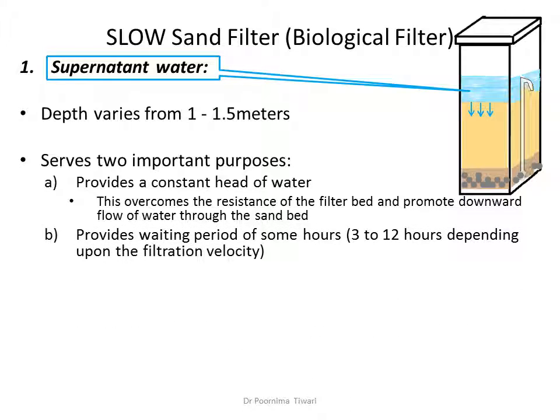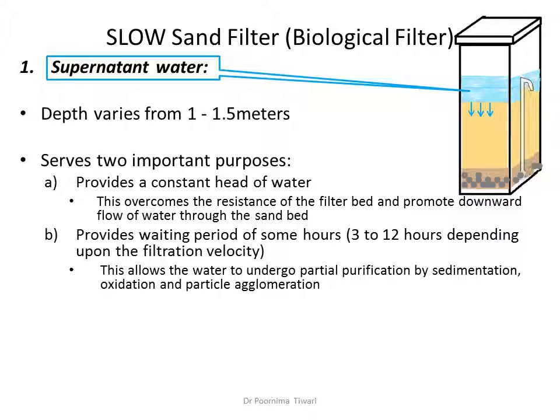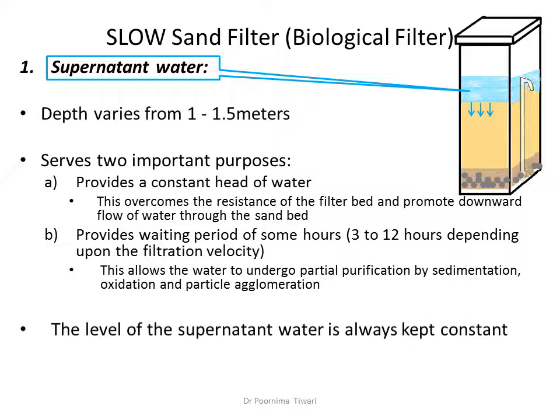It also provides a waiting period, 3 to 12 hours depending upon the filtration velocity. And during this waiting period, the water is stored and undergoes partial purification as discussed previously by sedimentation, oxidation and particle agglomeration. The level of the supernatant water is kept constant.